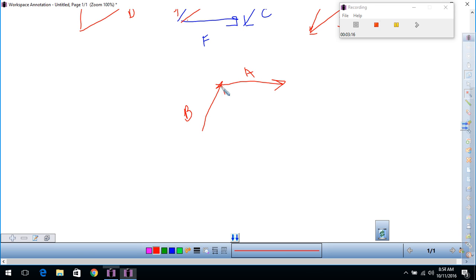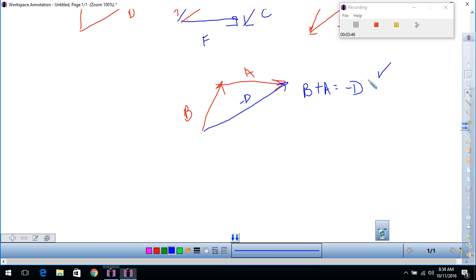So I've got the head of B touching the tail of A, and then they say that equals a negative D. Well, let's look at D. D is this way, down and to the right. A negative D would be in the opposite direction, which would be up and to the left. So that's a negative D, and B plus A does indeed equal a negative D.